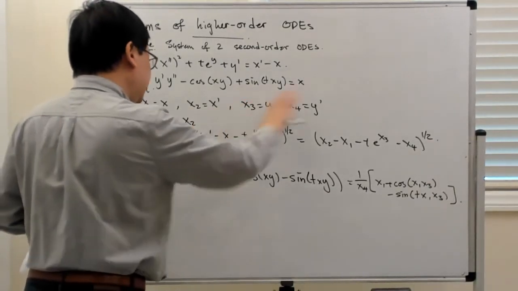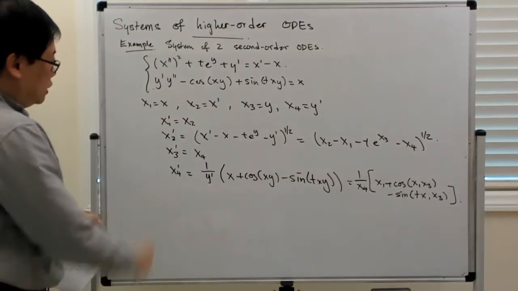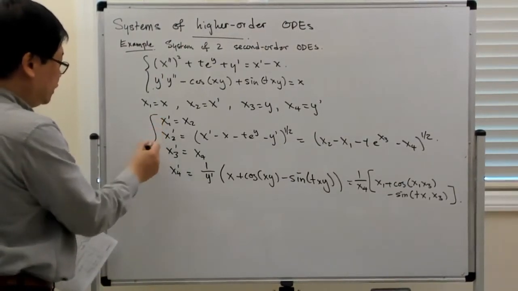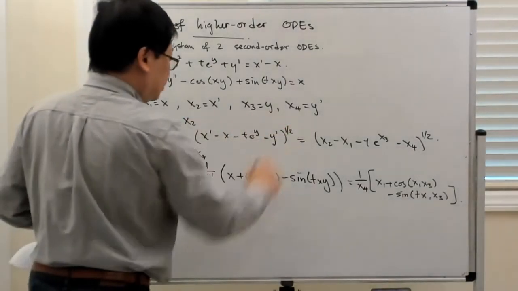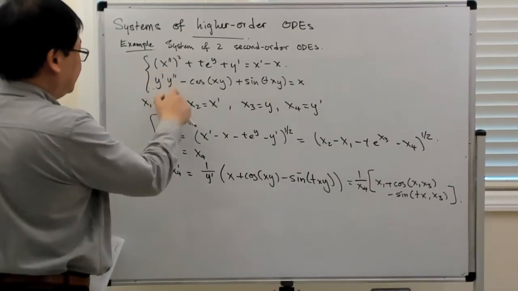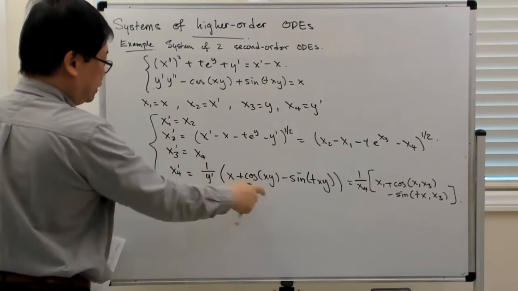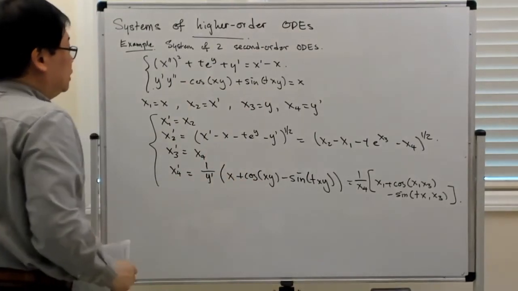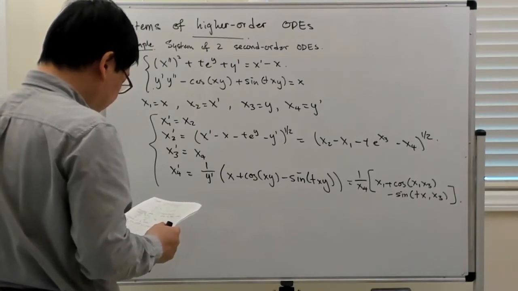Then you keep doing this with the y's and the new terms, and with that you rewrite the two equations in terms of these substitutions, where you have to solve for the highest derivative in each of these equations separately, which is what I've done here. So hopefully that will give you an idea of what's involved.